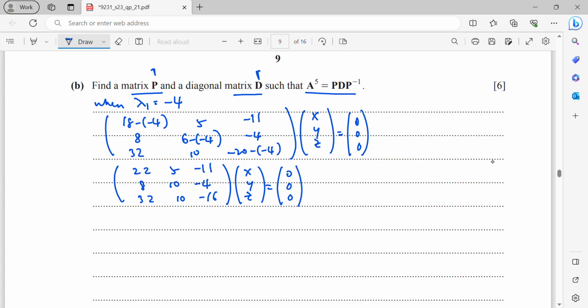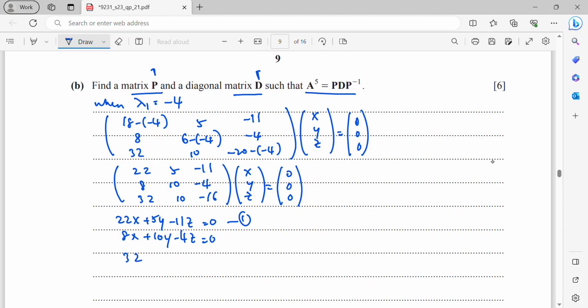So I will get 22x plus 5y minus 11z equals 0, the first equation. Second equation, 8x plus 10y minus 4z equals 0.